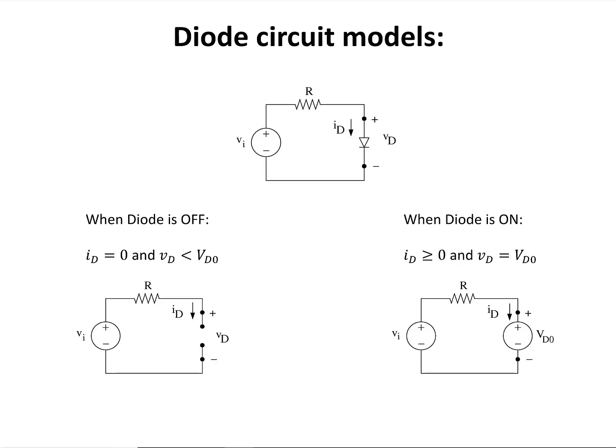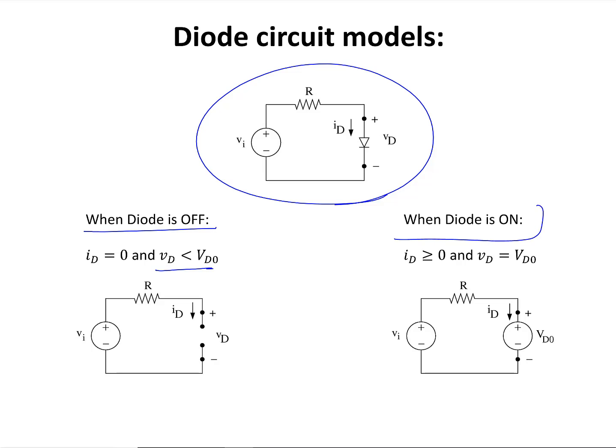For example, in the given circuit, when the diode is off, ID is going to be equal to 0 and the voltage across the diode, or VD, is supposed to be less than VD naught. Now, we can replace the diode with its circuit model for the off state, which is an open circuit, and here calculate VD, or the voltage across the diode, and compare it with VD naught. If it is less than VD naught, then our assumption was correct and the diode is off.